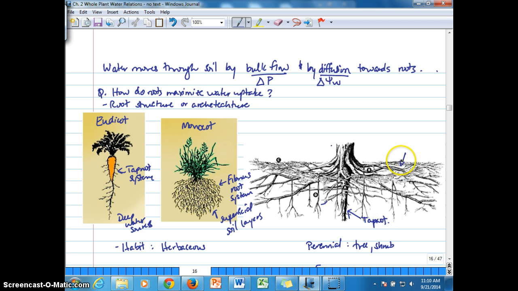We have these here and over here lateral roots to access some more of those shallow regions. And then we've got, coming off of lateral roots, these descending roots. So basically increasing the volume of soil that is accessed by the tree.